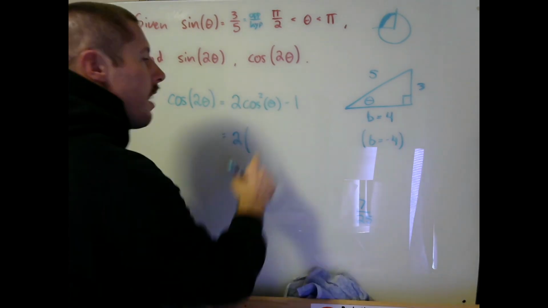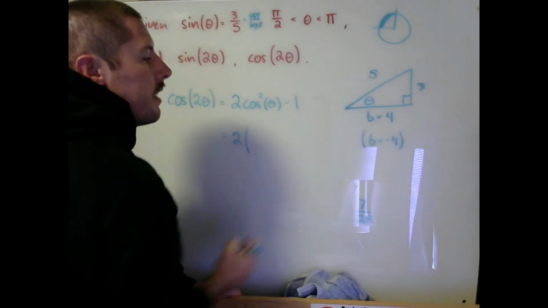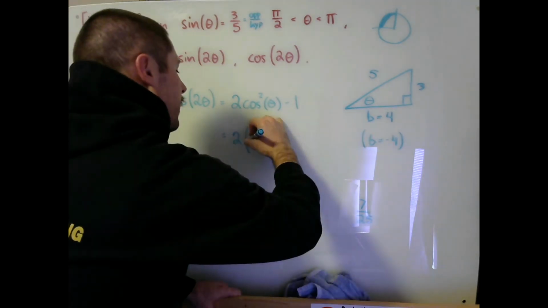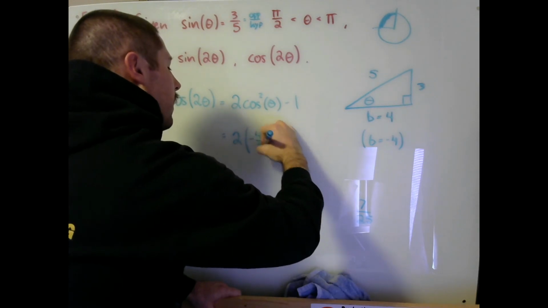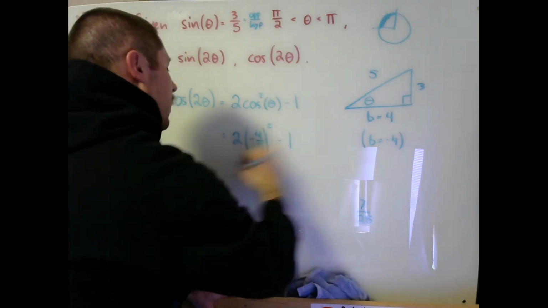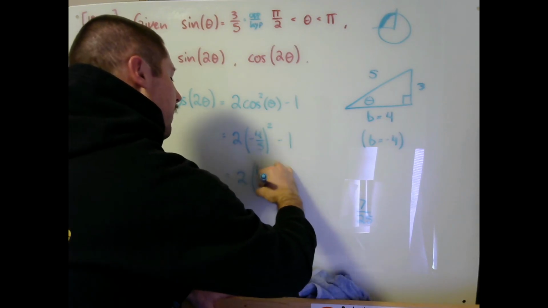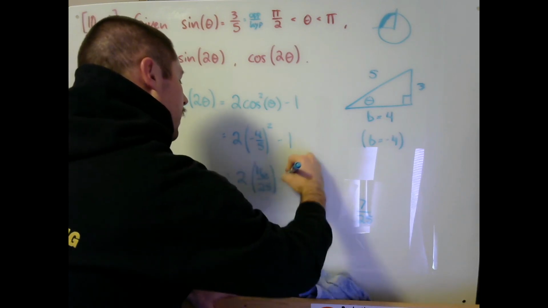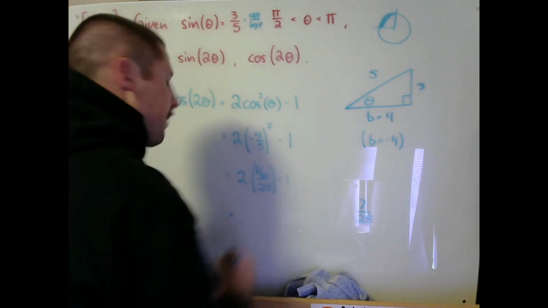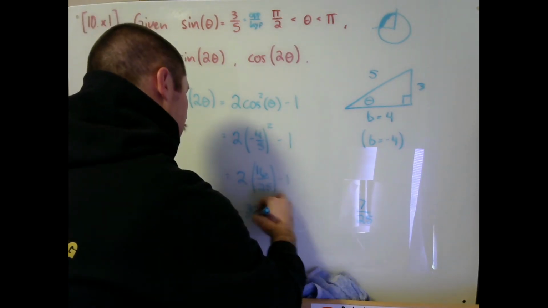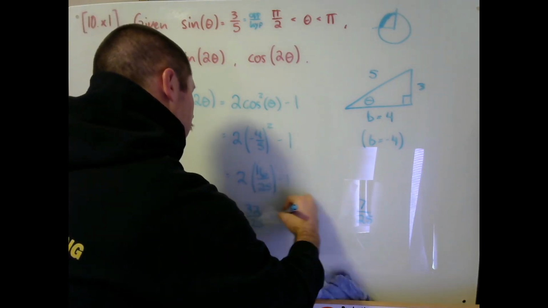2 times our cosine of theta value is going to be -4/5. When I square -4/5, I'll get 16/25. 2 copies of 16 is 32/25.